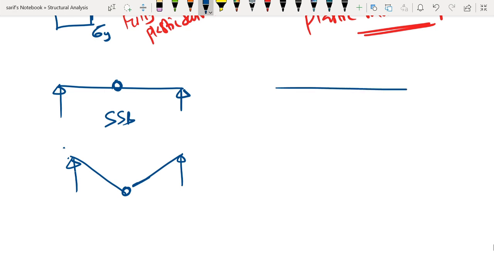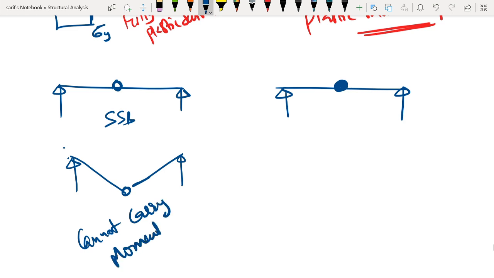Whereas in case of a plastic hinge, it is capable of carrying a moment. Here it cannot carry moment. Whereas in case of a plastic hinge, it is capable of rotating just like that of an internal hinge.